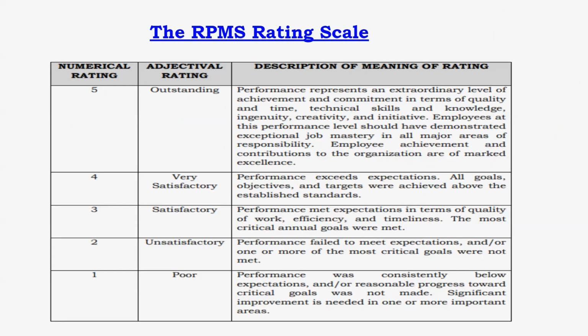Performance targets are the expected outputs based on the KRAs and objectives that are met. Using a 5-point rating scale, the rater and ratee determine the performance indicators for quality, efficiency, and timeliness as measures of the performance and means to verify the achievement of the output or deliverable.